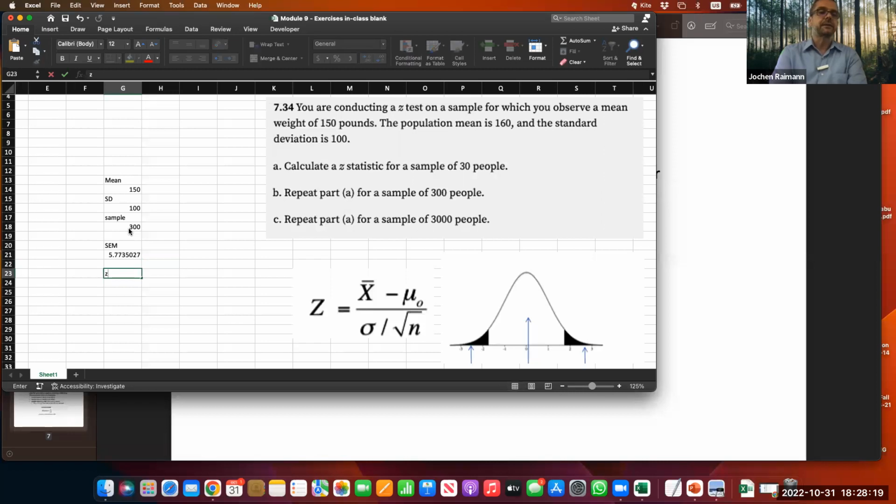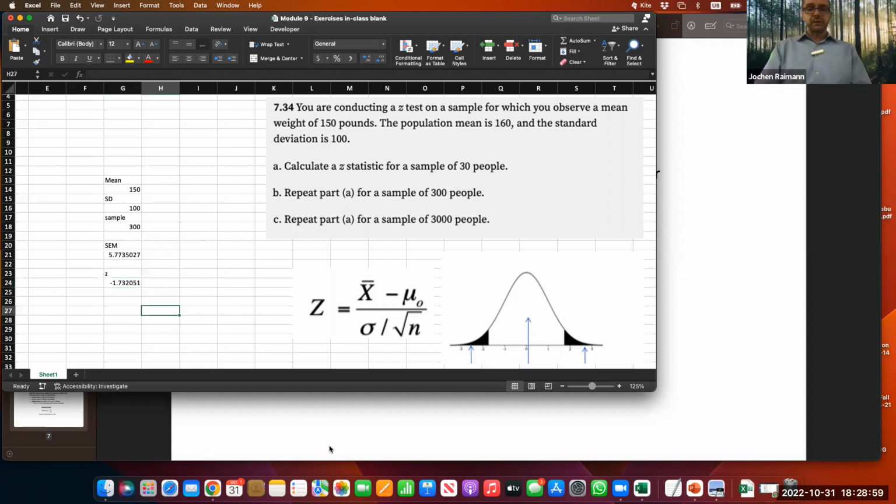Now we want the test score, which is basically the difference between the mean of 150 minus 160, which is the population mean, divided by the standard error of the mean. So that's a score of minus 1.73, which, if we're going back now to our thresholds, it's minus 1.96 or plus 1.96. It's not exceeding that critical value. Thereby, we are accepting the null hypothesis and not rejecting it.